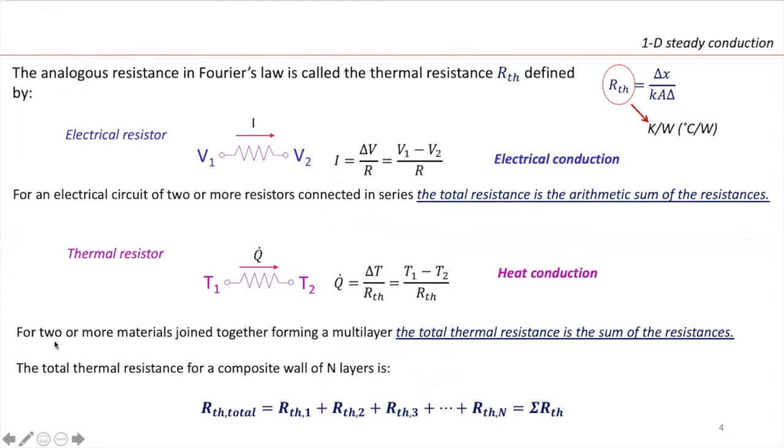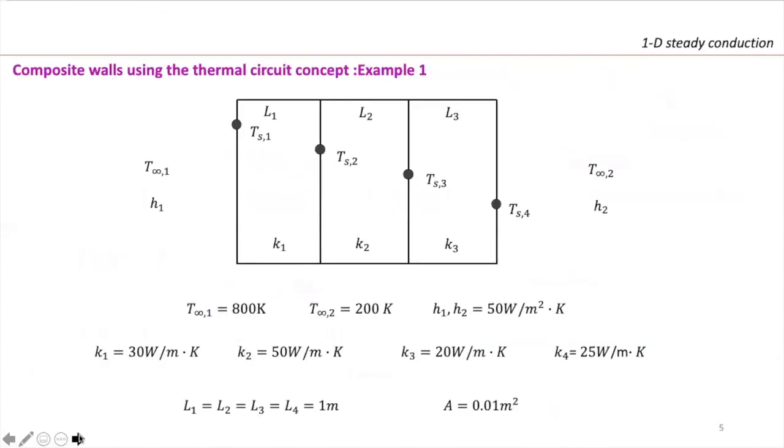So if we have two or more materials joined together, forming a multi-layer, the total thermal resistance is the sum of each resistance for each layer. So you have to add all the resistances depending on the number of layers you have, okay? And that is much easier to see with an example.